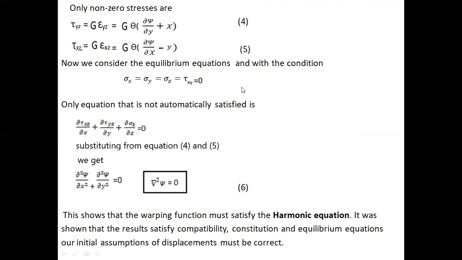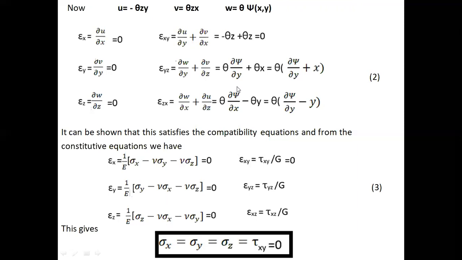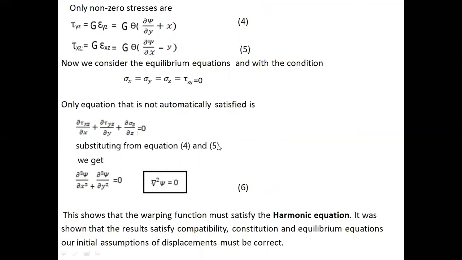Now we have taken care of compatibility. We have taken care of the constitutive equation, but we still have to take care of the equilibrium equation. Now, if we apply this in the equilibrium equation, we'll see that all the equations are satisfied except the third one.